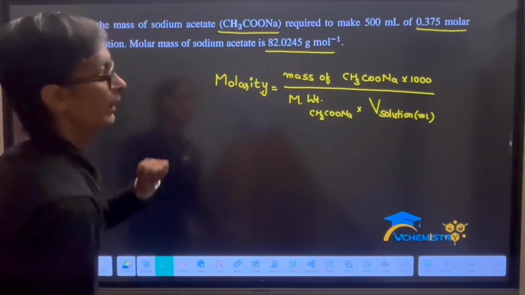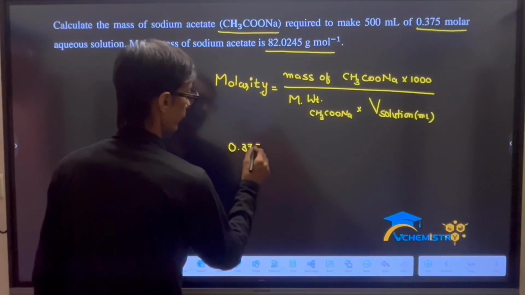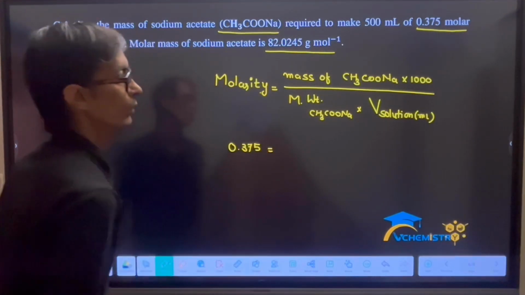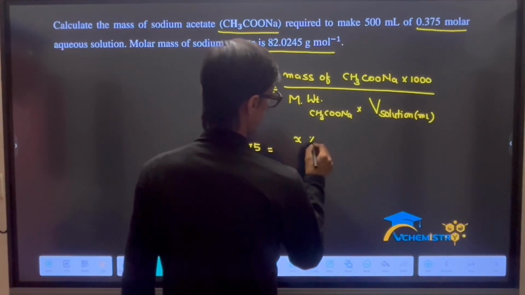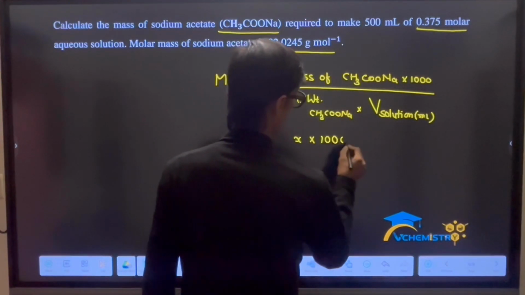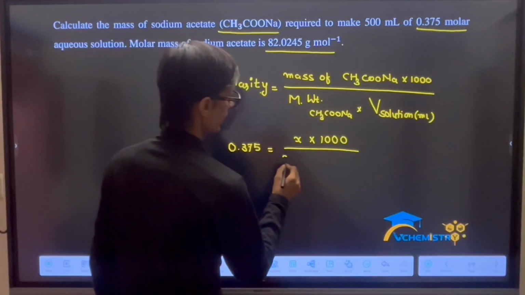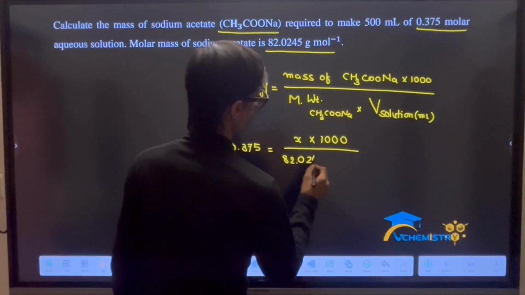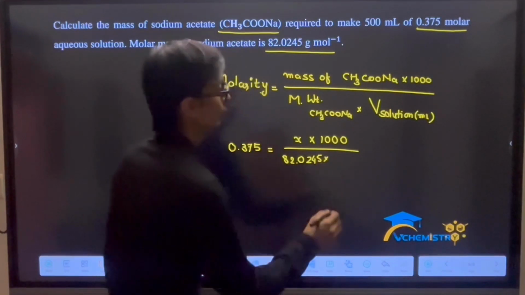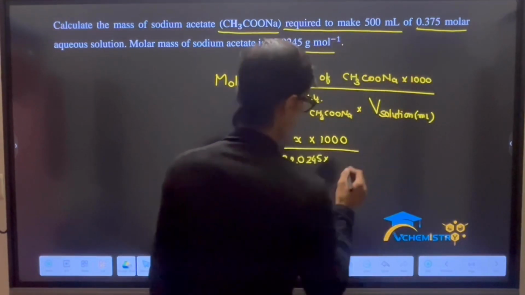So molarity is given: 0.375 is equal to mass X, because we want to find, into 1000 divided by molecular mass 82.0245 into volume of solution in ml, see, 500.